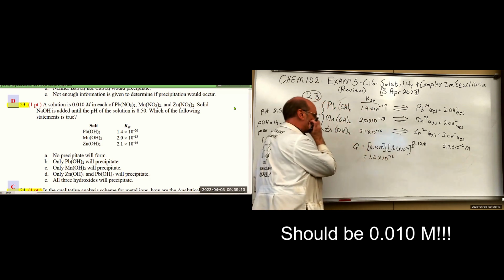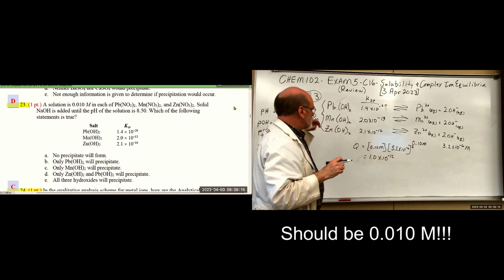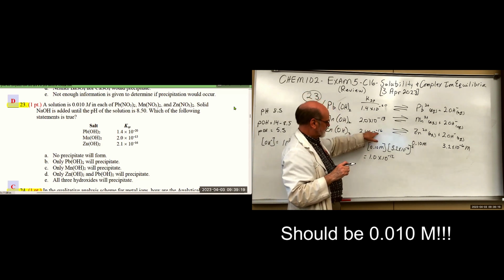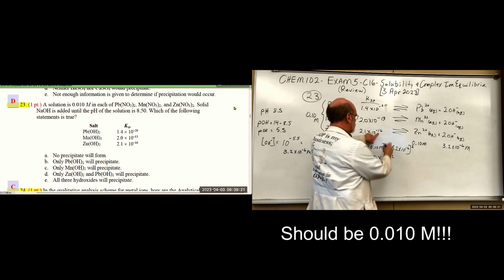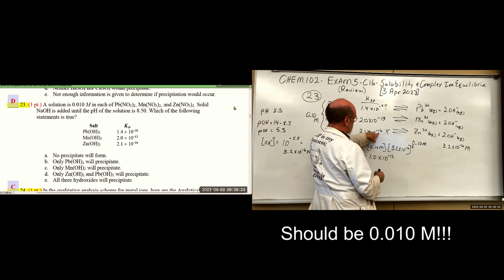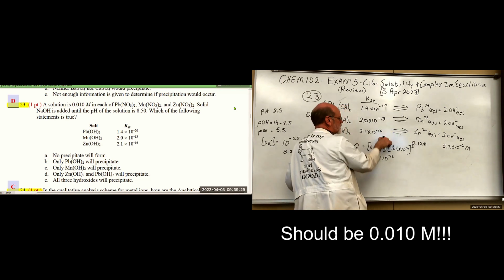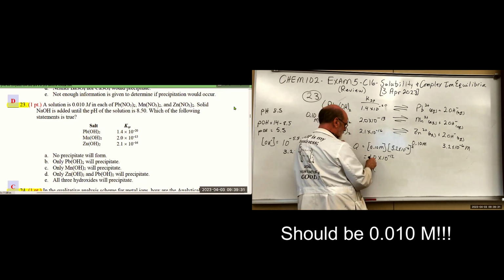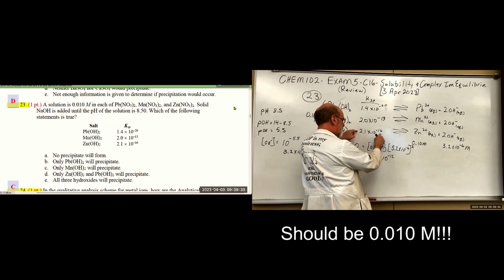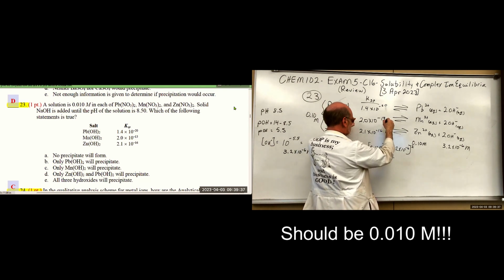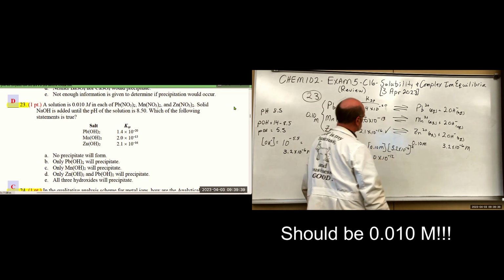Okay. So whose K is less than that Q? This one's less than that Q, right? So no precipitation there. Oh, excuse me, I'm reasoning wrong. The Q is bigger than this value, so it is bigger than that one. And what's bigger than all of them?